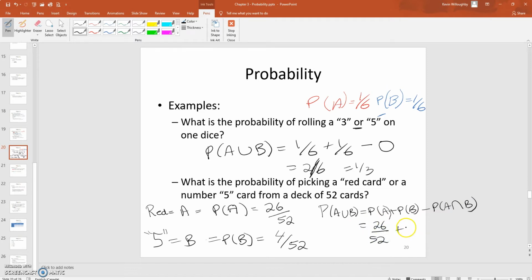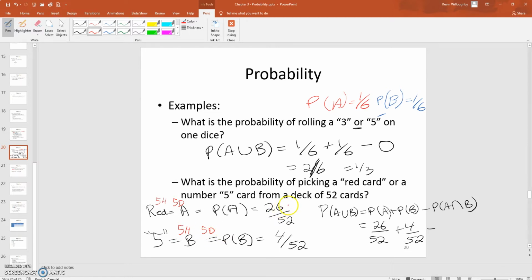The probability of B is 4 out of 52. What they share in common: out of these red cards, there are going to be 2 5s, a 5 of hearts and a 5 of diamonds. Under all of the 5s, we would have the 5 of clubs, 5 of spades, but we'd also have 5 of hearts and 5 of diamonds.